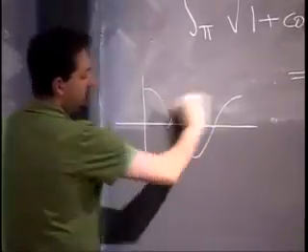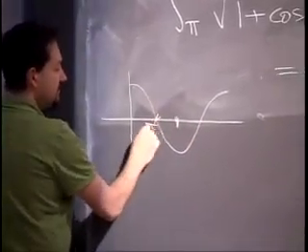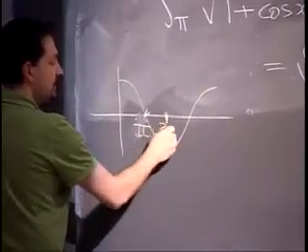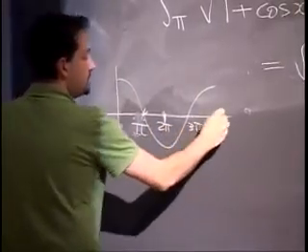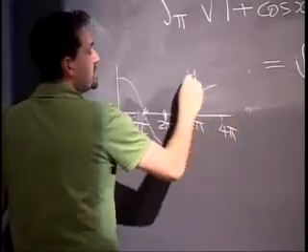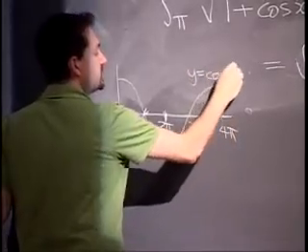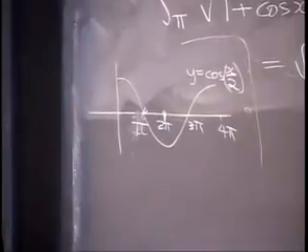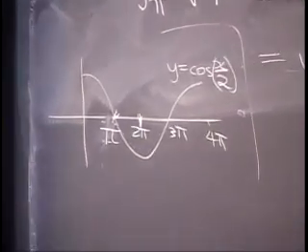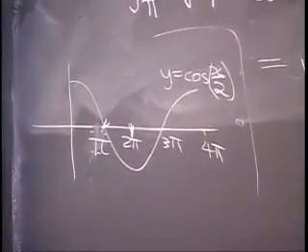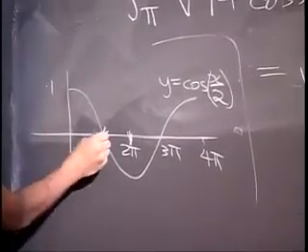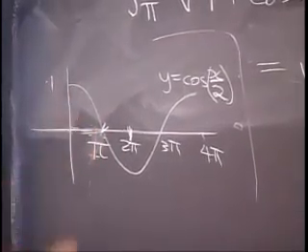So all you have to do is relabel the axis. Instead of pi over 2, I label it pi, 2 pi, 3 pi, 4 pi. So that's a graph of y equals cosine x over 2. It's just sort of the same as cosine, but half as fast. It takes a long time before getting up to pi. I didn't draw this to scale, obviously. Pi is about 3, and that's 1.